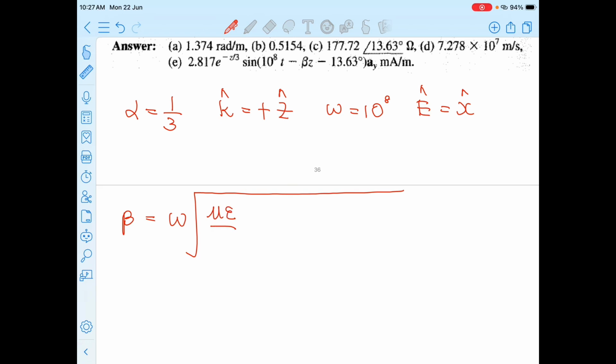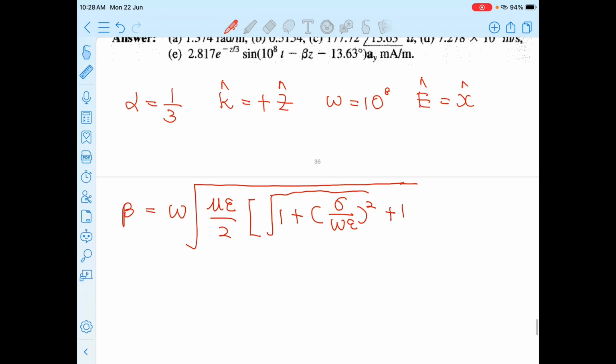So this is the formula to calculate the phase constant. You have 1 plus, and then plus 1. Let's see whether we can apply this formula.